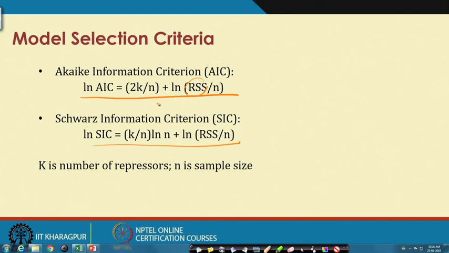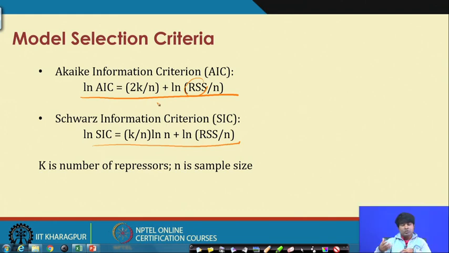Once you get the estimated equations, by default the ANOVA, analysis of variance, table will provide the explained sum of squares, residual sum of squares, and total sum of squares, but the residual sum of squares is the input to the AIC and SIC statistics.